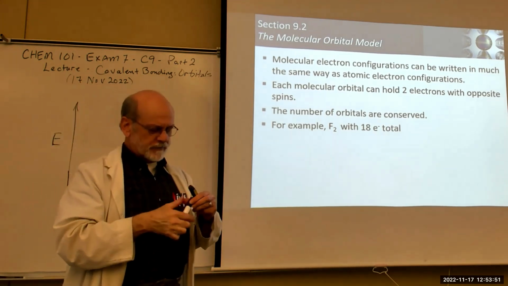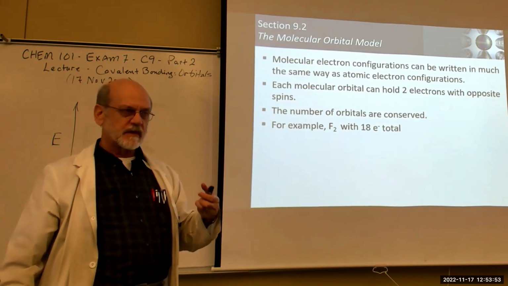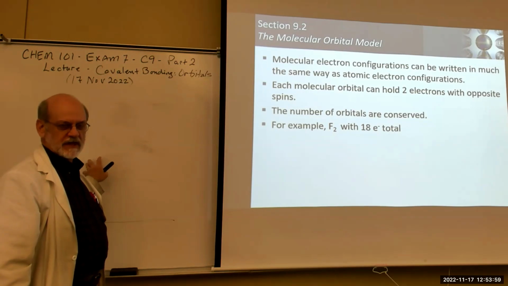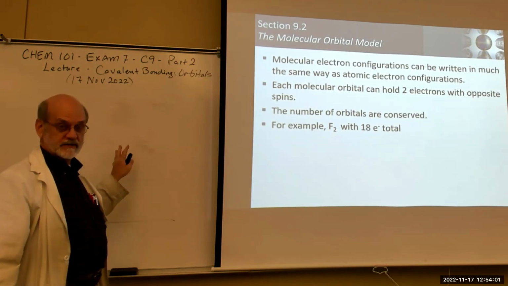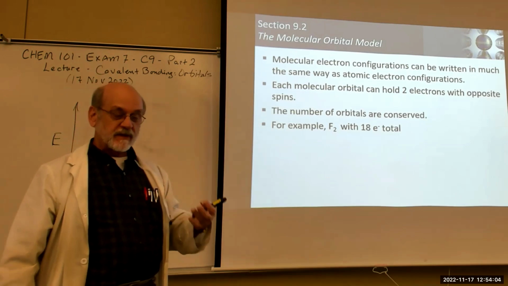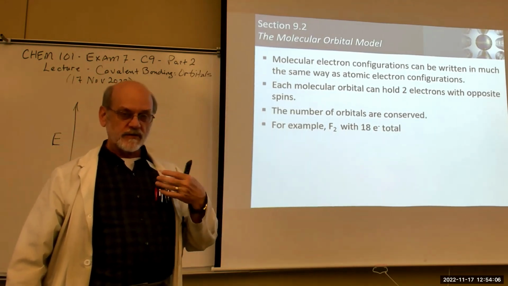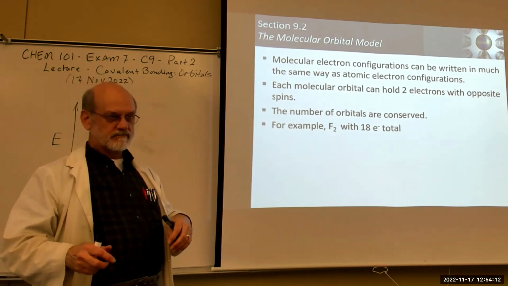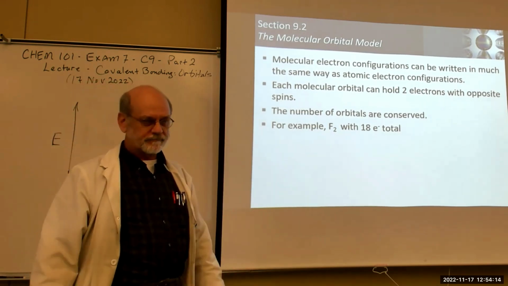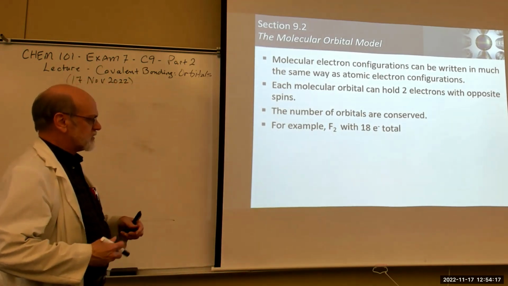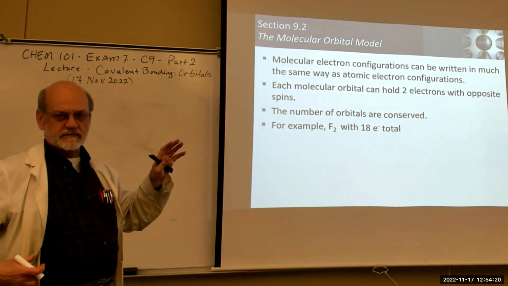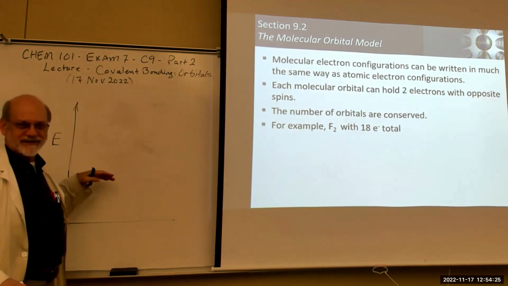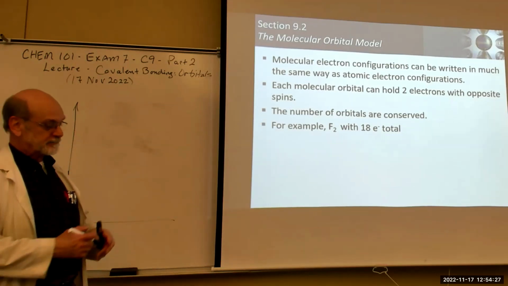Also, very often, for convenience, we only put the valence atomic orbitals and make molecular orbitals out of valences. But to be complete, you have to include also the core electrons, because once you put them together, then all the electrons belong to the molecule. But we typically just write the valence electrons into their orbitals. So you might see it start at 2 or it might start at 3 and leave the rest of them alone.